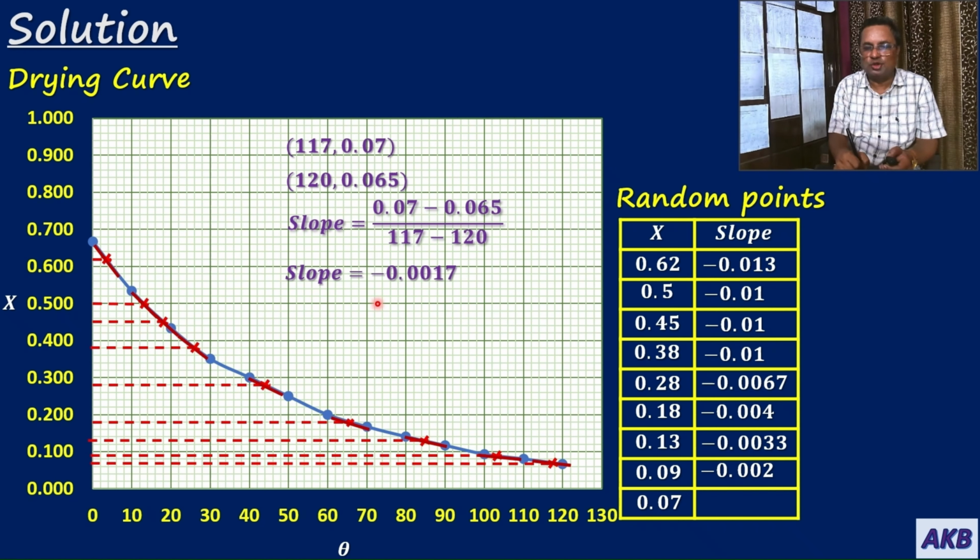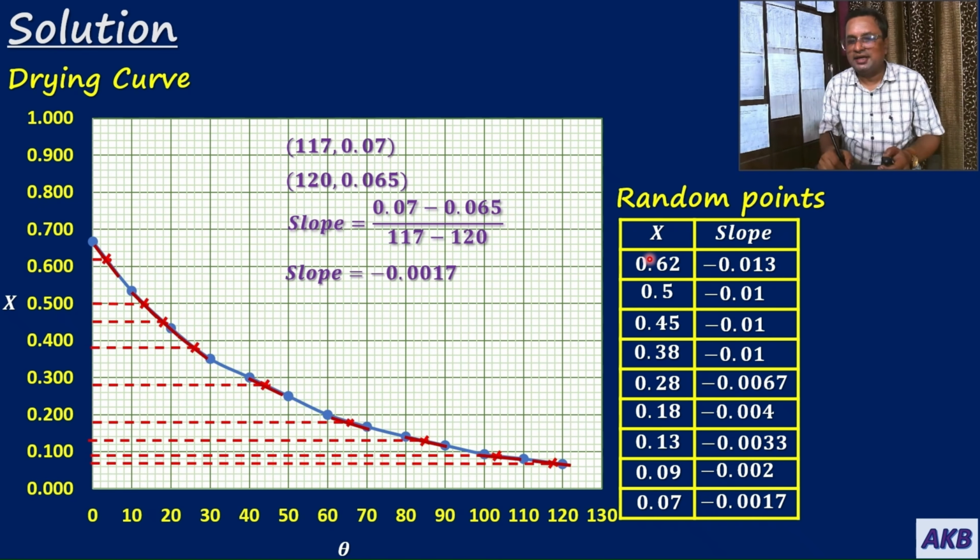So that gives the slope as minus 0.0017. So at x is equal to 0.07, slope of the tangent is minus 0.0017. So in this way, we have drawn tangent at all the points that we had selected. We have found out slope of all those tangents, and now we have this data.